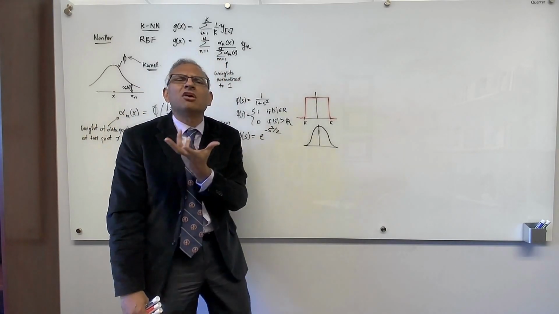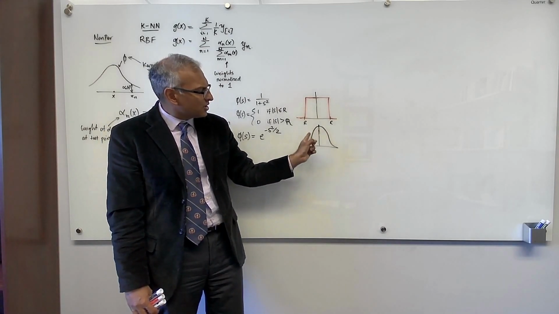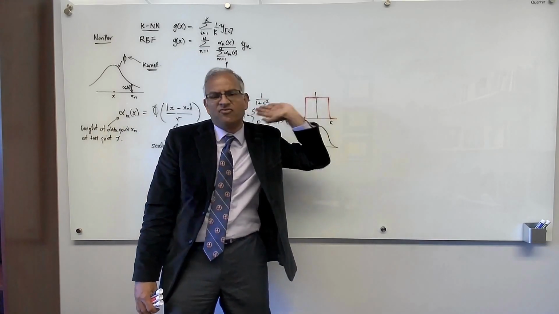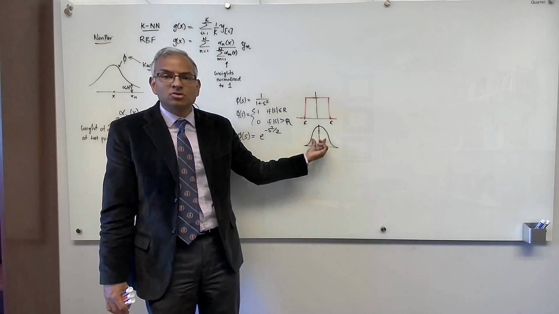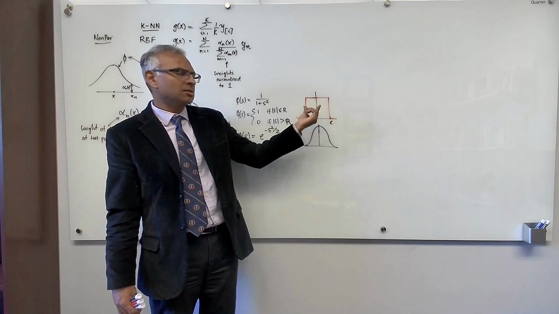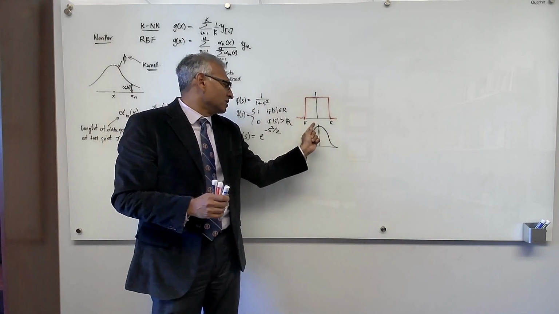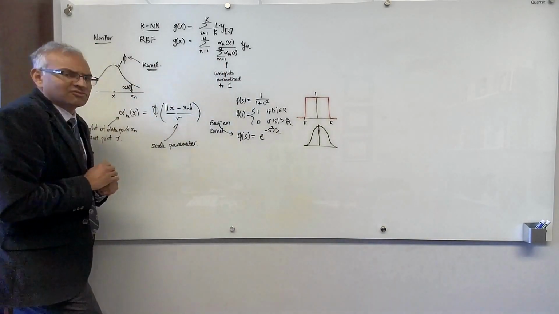So it's a soft version of the window kernel: if you're close enough, you've got a reasonably high weight, but once you go far away, your weight drops very rapidly to 0. This is by far the most popular. It's not that different from the window kernel, but the window kernel is very hard to work with. This is nice, smooth, continuous, and has a very thin tail. But you could, in theory, pick your own kernel function.